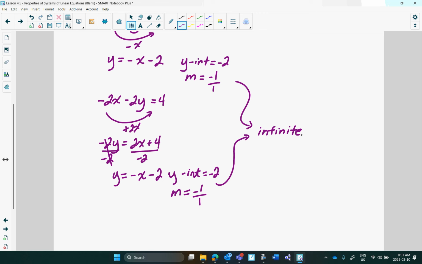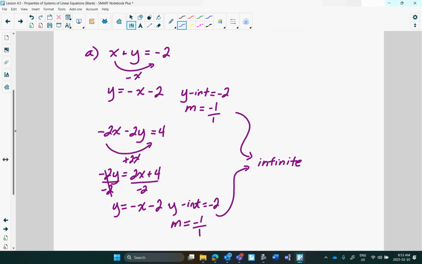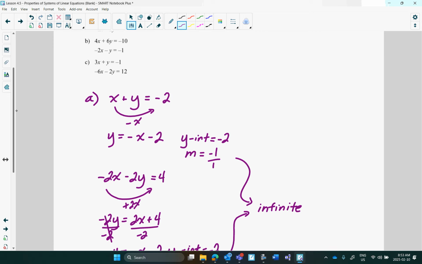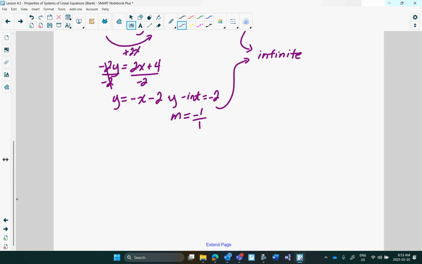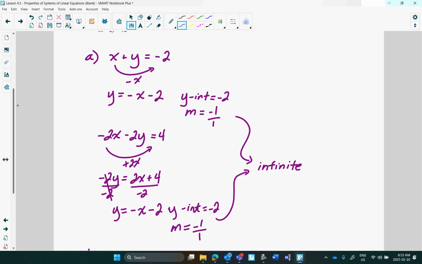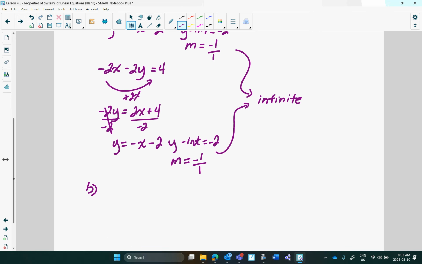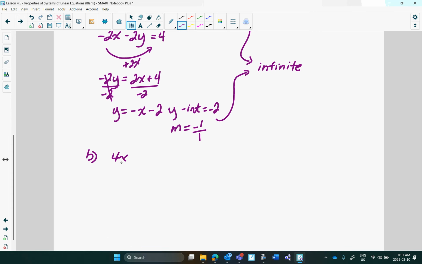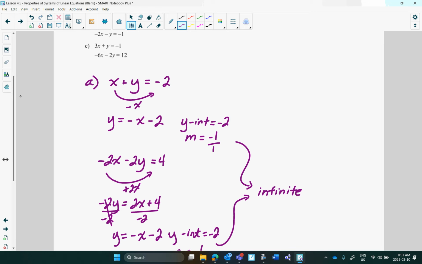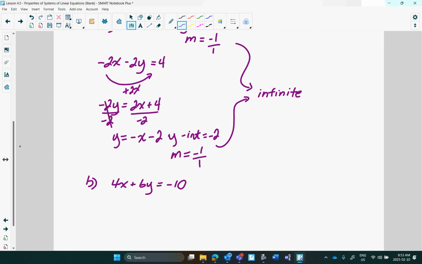I want you to try B, please. Save a little space here. 4x plus 6y equals negative 10. This space, 2x minus y equals negative 1.